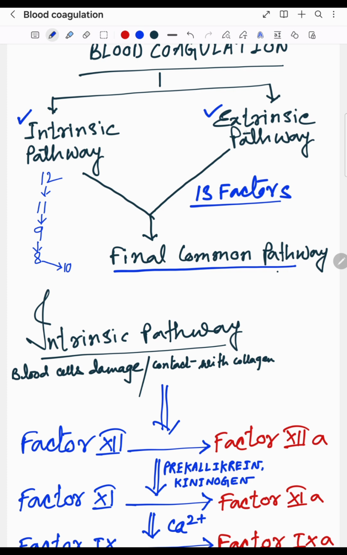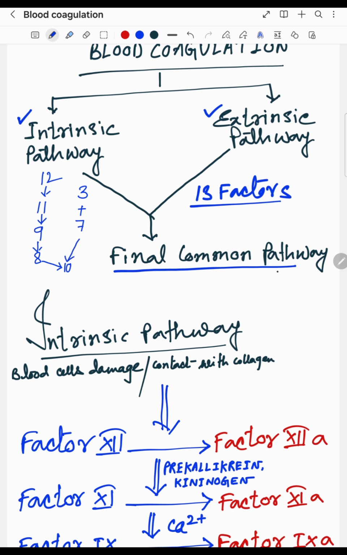And for the extrinsic pathway, firstly there is factor 3, and then 7. So factor 3 plus 7 activates 10.